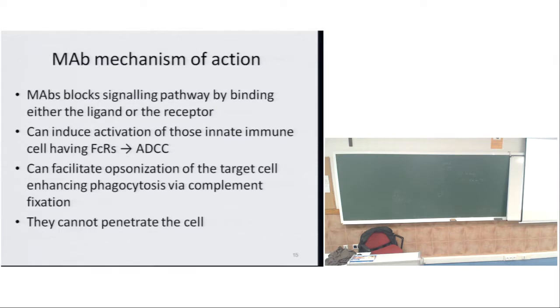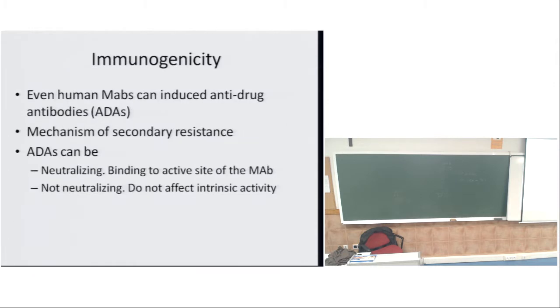You will have it about what I've explained with the previous figure, but still there are some problems of immunogenicity, even if they are human. These monoclonal antibodies can induce what is called anti-drug antibodies, ADAs, and this is a mechanism of secondary resistance.